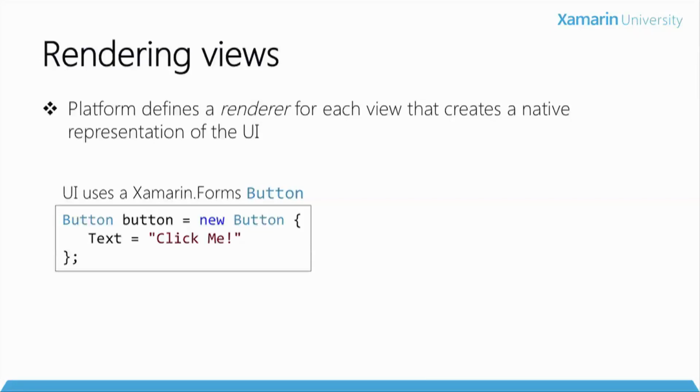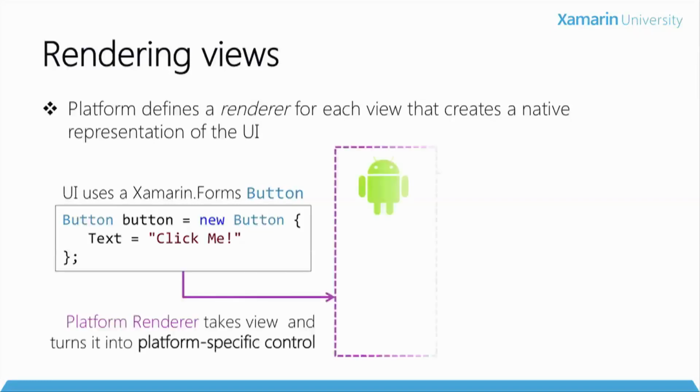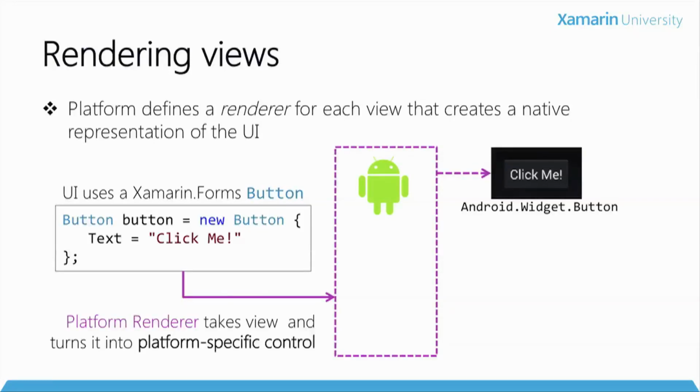Now, if you create this piece of code here and you run it on Android, the platform renderer for Android will be called, and that abstract button will be turned into an Android.widget.button, and the corresponding properties will be set. So the text that is described in the abstraction, click me, will be shown on that Android button.